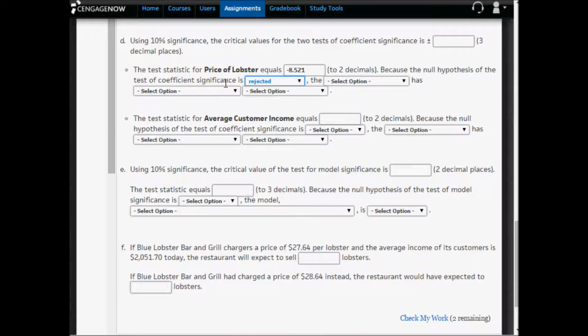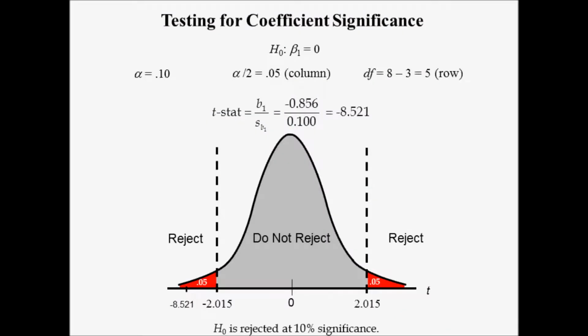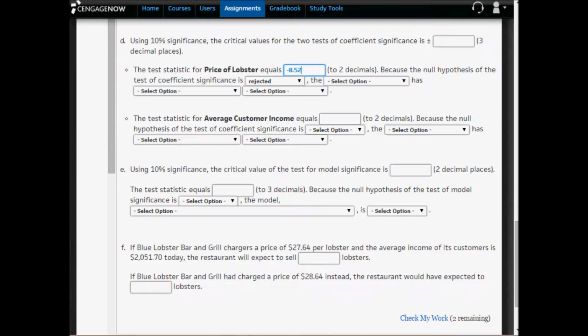So, in part D, we're going to put in the test statistic to 2 decimal places, negative 0.852, because the null hypothesis of this test is rejected. We rejected it at 10%.